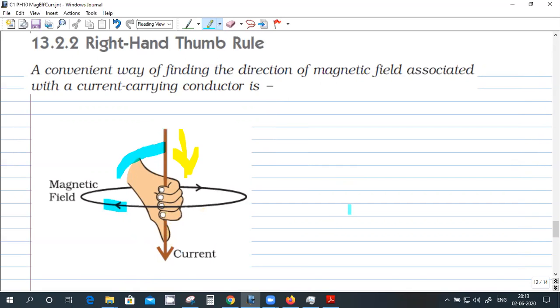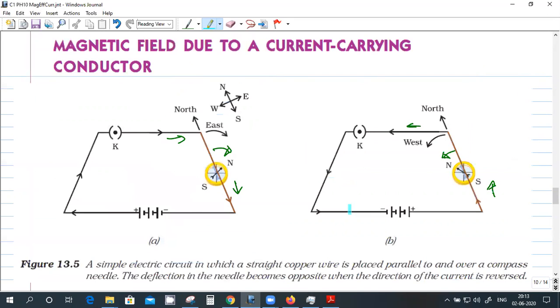So in this case, the first one, the direction of the magnetic field, if I look from the front side, will be this way. Is it correct? The thumb should be out of the plane of the paper and the fingers will curl in this direction.